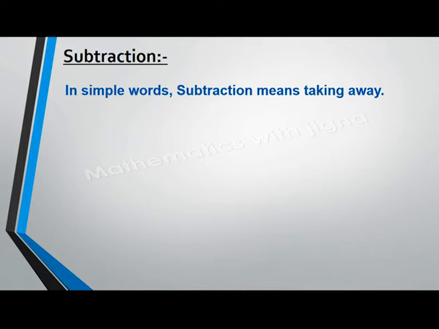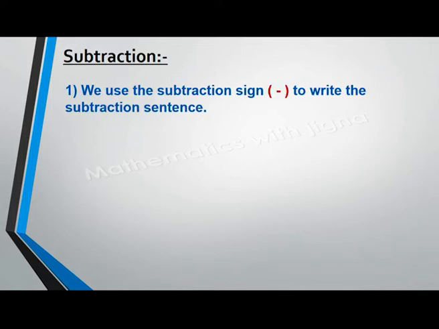We use the subtraction sign or symbol to write the subtraction sentence. We call it the minus sign. Do you remember the terms which are used for the numbers in subtraction? Let's recall.